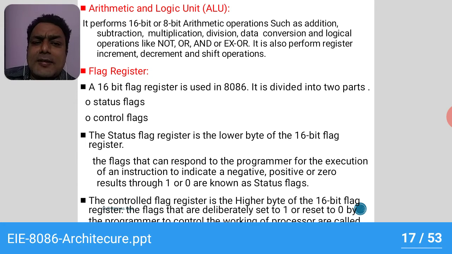The status flags will show you the result of the execution of an instruction, to indicate a negative, positive or 0 result through 1 and 0. The control flags are in the higher byte of the 16-bit flag register. They are set to 1 or reset to 0 by the programmer to control the working of the processor. So this is nothing but the brief discussion of the flag register.